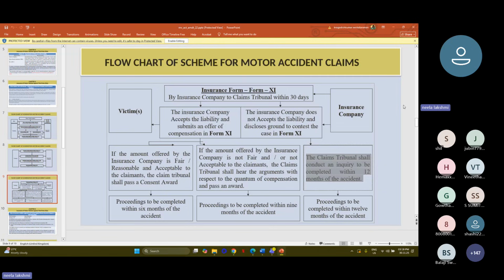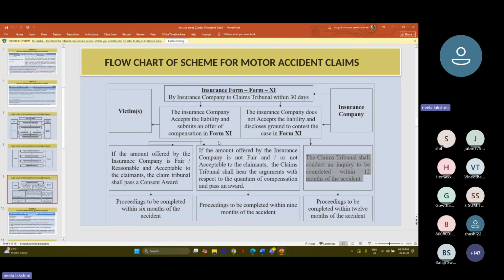major basic amendment as far as insurance companies are concerned. This Form 11 would be prepared by the designated officer from the insurance company, that means whoever is handling the case. The court will call them designated officers.